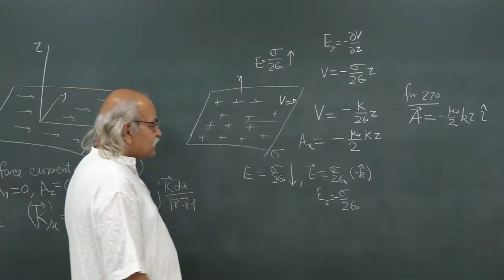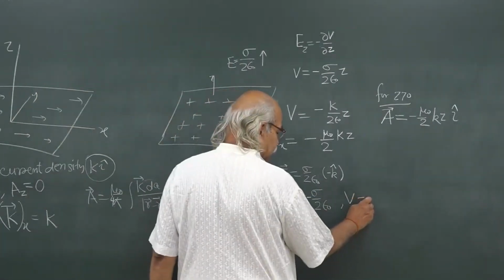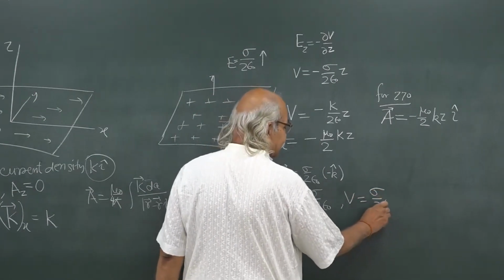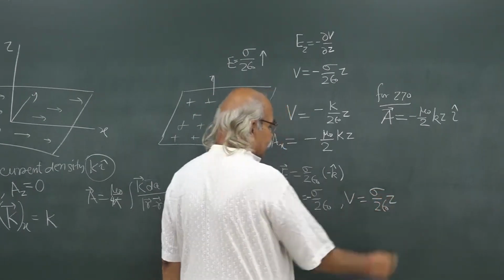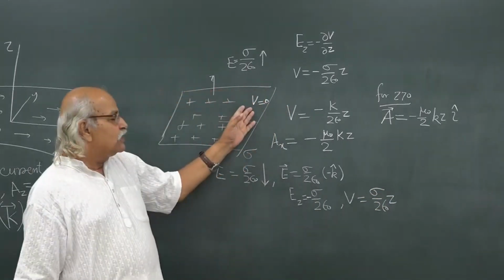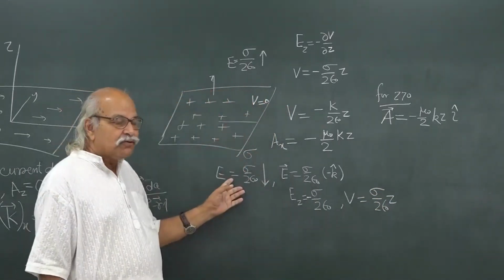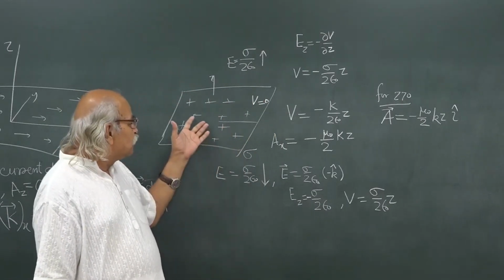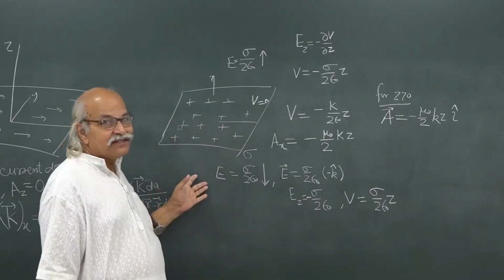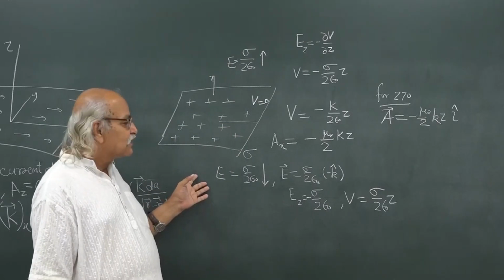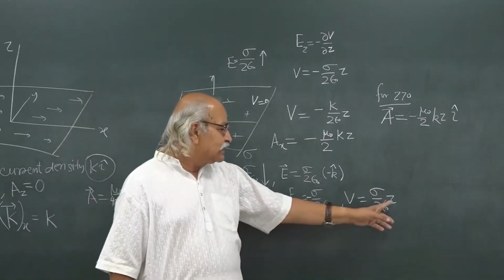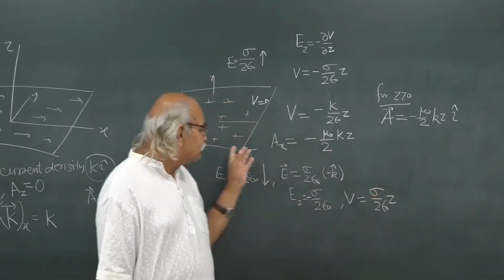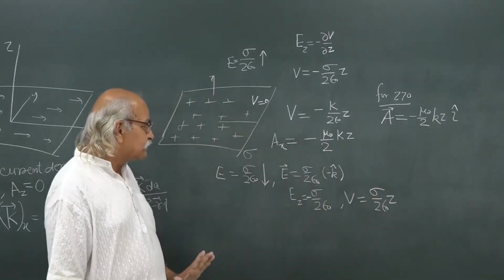So, what is V then? The potential is sigma over 2 epsilon naught and then z. Since it is 0 here, if you are going down, you are going in the direction of the electric field. If you go in the direction of the electric field, the potential decreases, therefore, it should decrease. Z itself is negative here, and therefore, it will be negative, and this is the right expression.